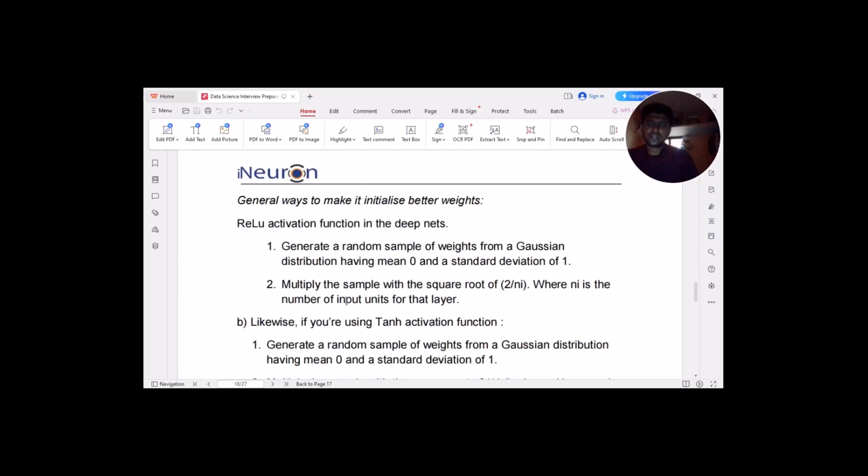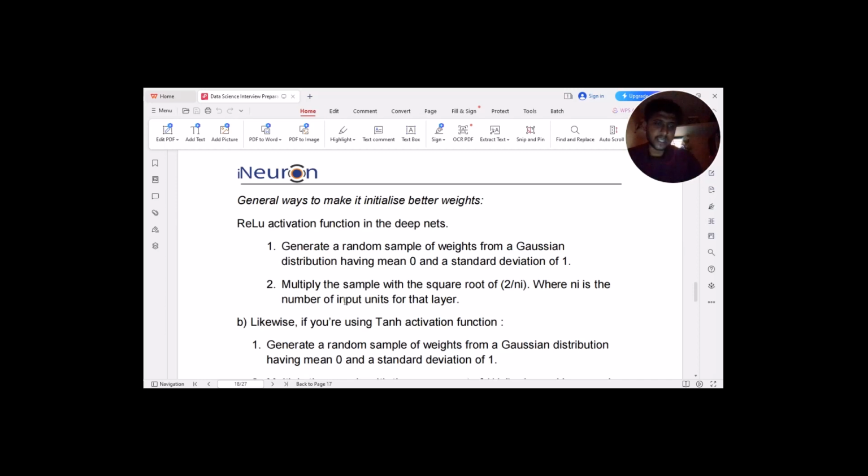The general way to do better is with the ReLU activation function in deep nets: generate a random sample of weights from a Gaussian distribution having mean 0 and standard deviation 1, and multiply the sample by the square root of 2 over ni, where ni is the number of input units for that layer.